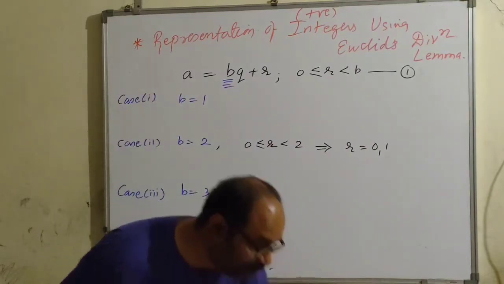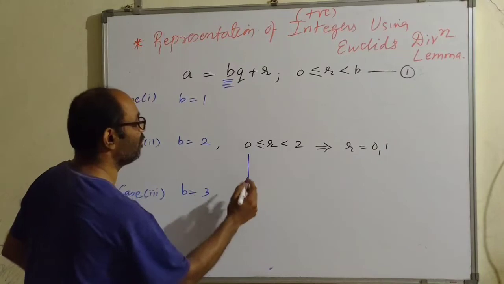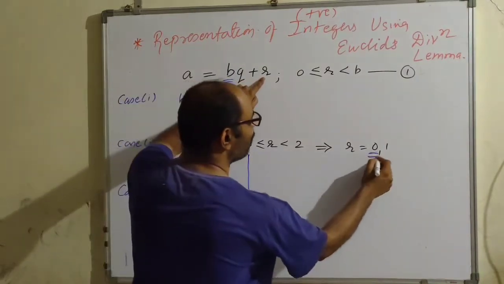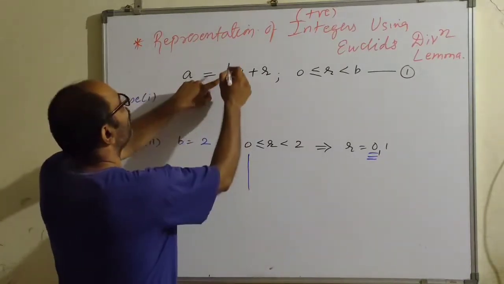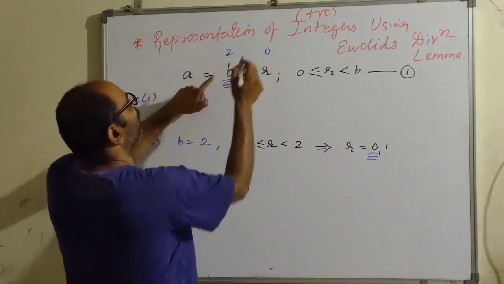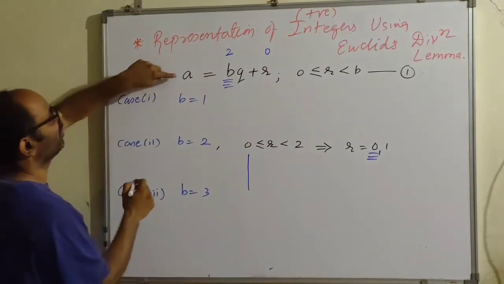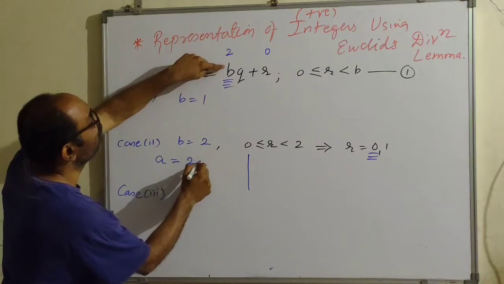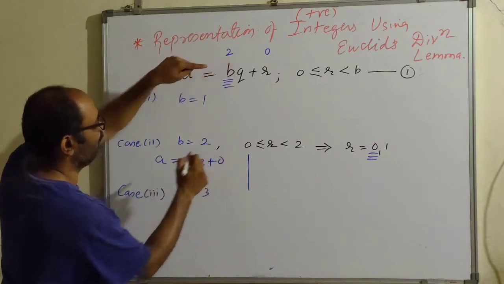Case 2 में दो चीज है. In case 2, take R equal to 0, B equal to 2. ये equation में डाल दो. So what are you getting? A is equal to B, that is 2 into Q plus 0.